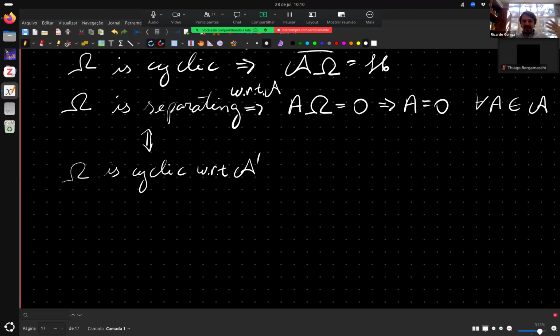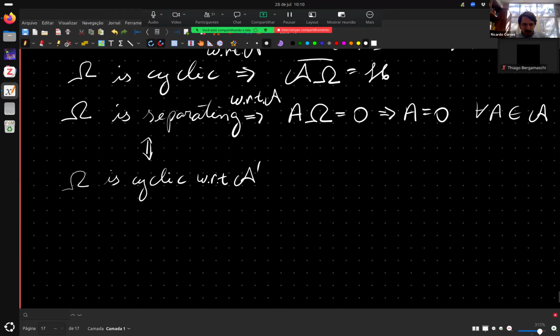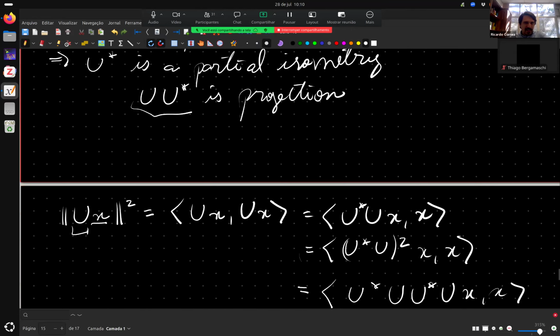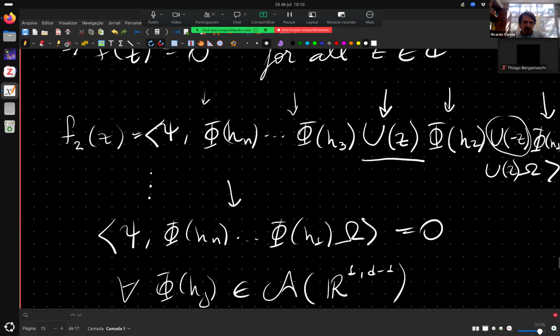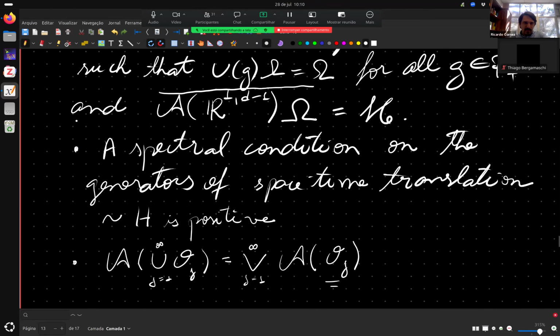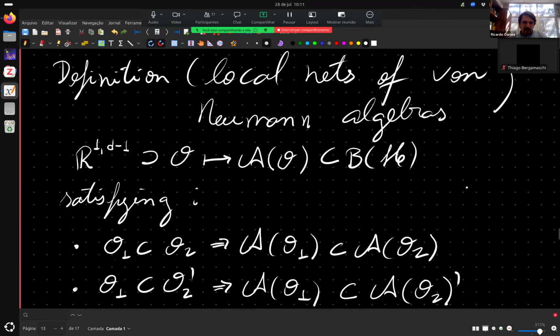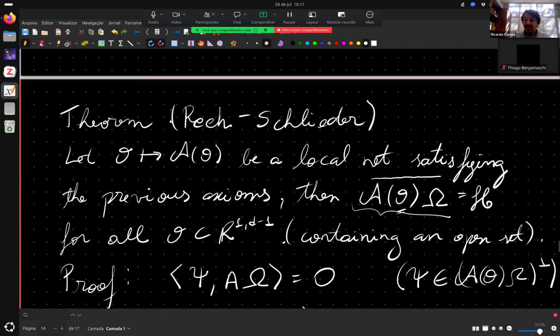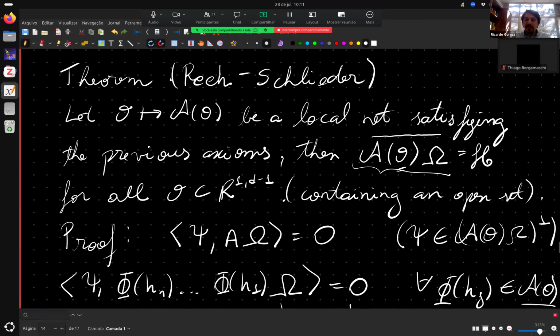So you see, out of the very reasonable physical assumptions that I had for my local net, I end up constructing some vector which is cyclic and separating, even though it's very counterintuitive.